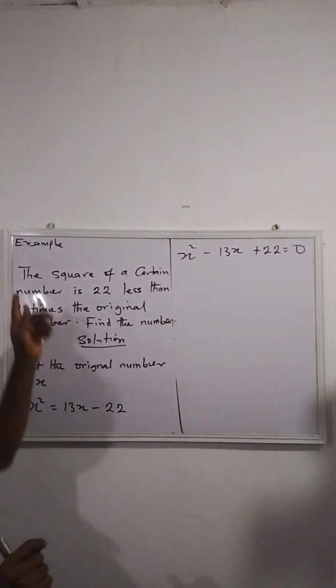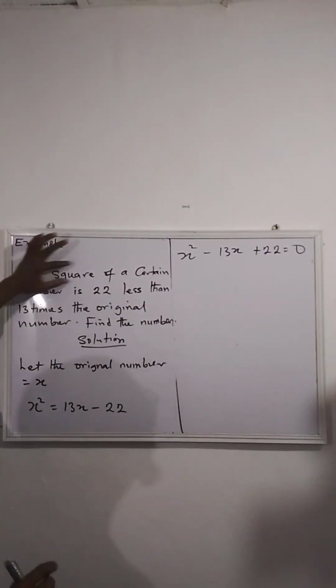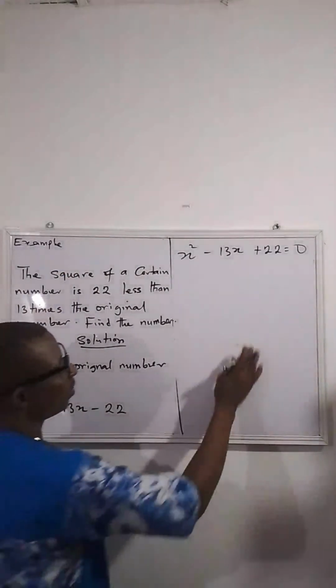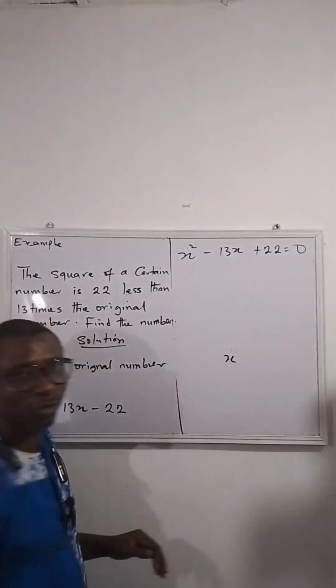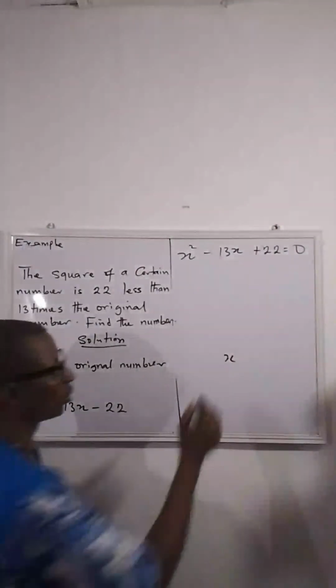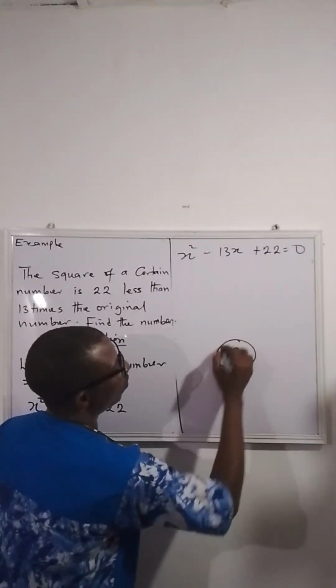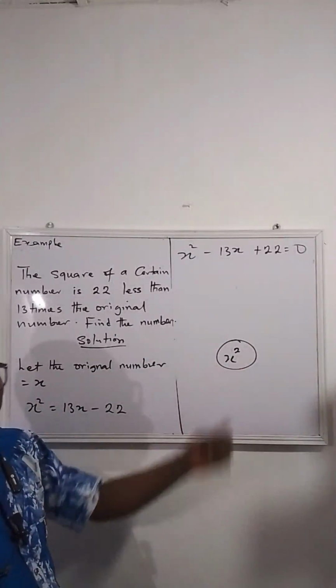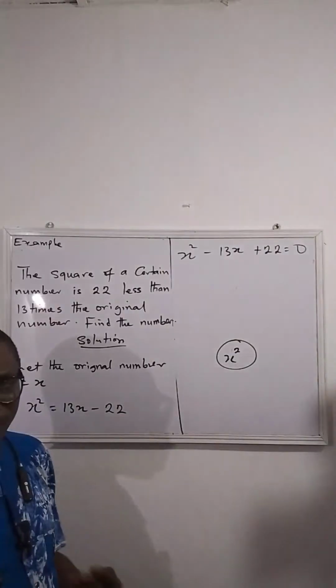The question says that the square of a certain number, I don't know that number, I said let the number be x. The square of a certain number is equal to something, and that's what they want to tell us.